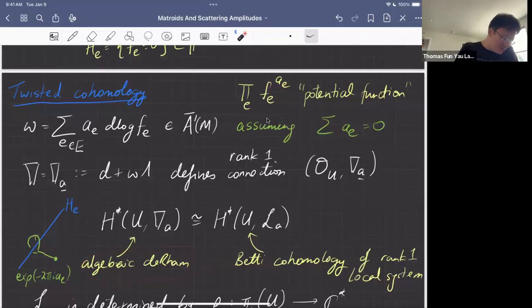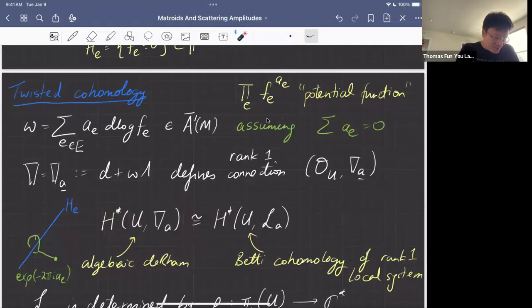To calculate this cohomology, we do the same calculation as for algebraic de Rham cohomology, but you replace the usual de Rham differential by this differential. That would define some cohomology group that looks like this. I'm not going to go into the definition of this, but it's some twisting of the usual de Rham cohomology.